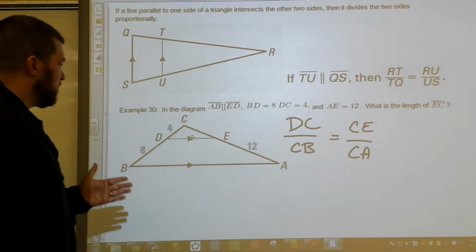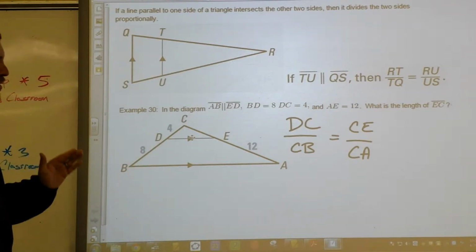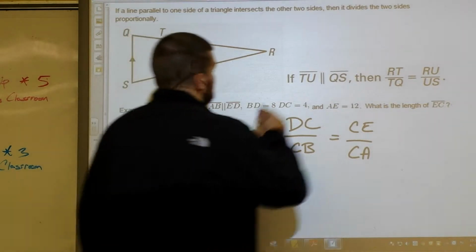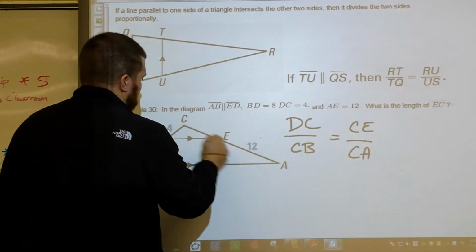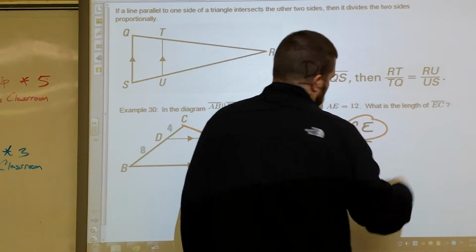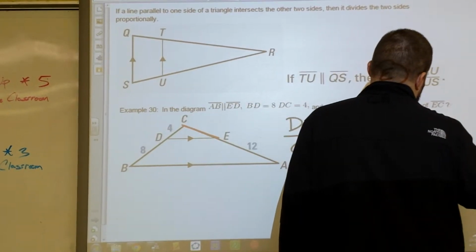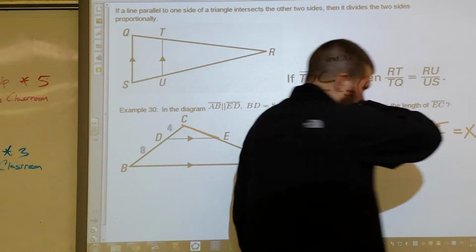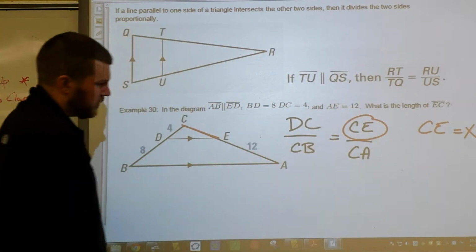Now I'm going to plug in what I know. I'm trying to find the length of EC, so I'm going to highlight that in red. This is the piece I need, EC, or CE, however you want to call it. I'm going to call that X, just temporarily.